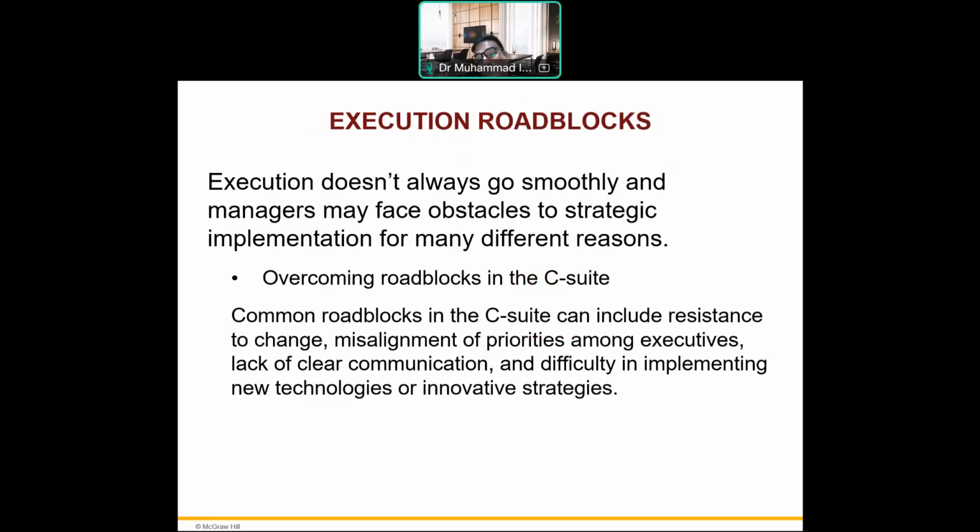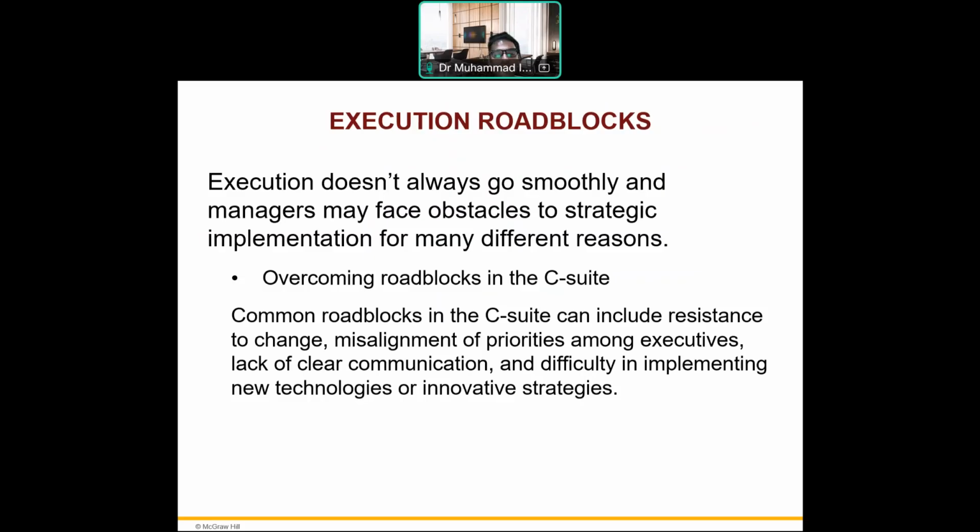Some execution roadblocks, like a speed breaker. Execution doesn't always go smoothly, and managers may face obstacles to strategic implementation for many different reasons. Number one, overcoming roadblocks in the C-suite. Common roadblocks in the C-suite can include resistance to change.